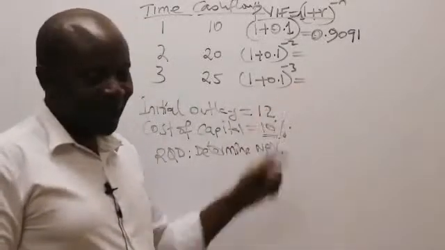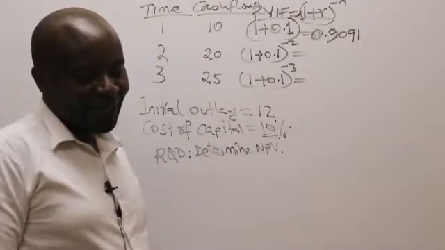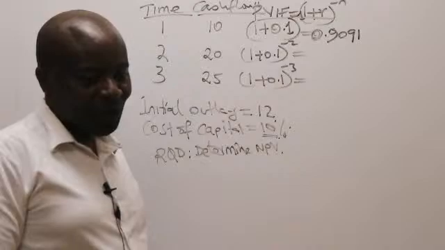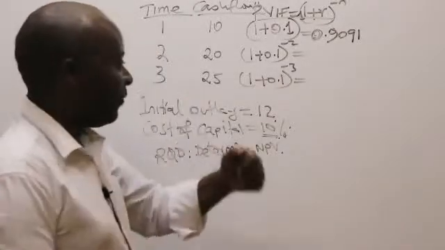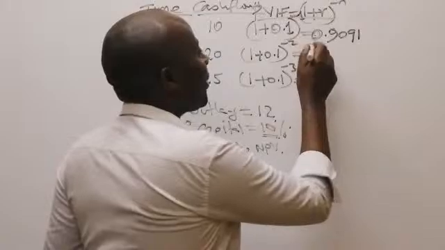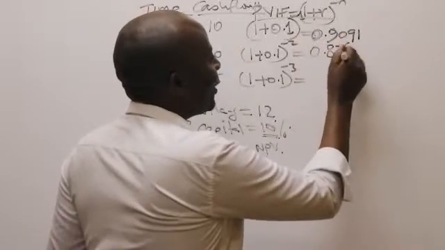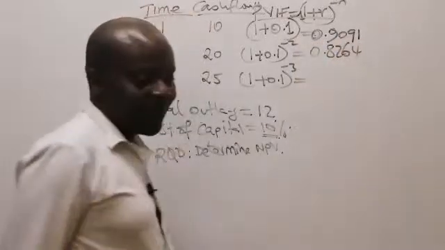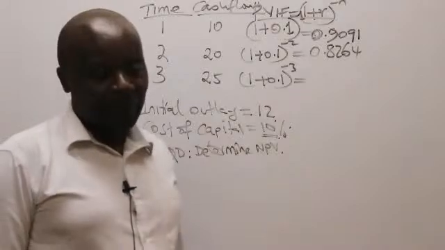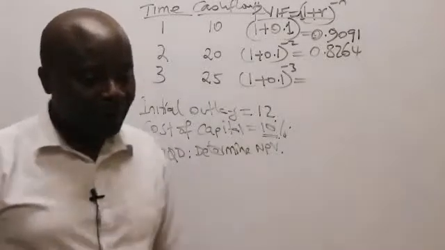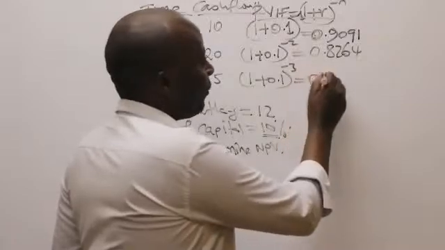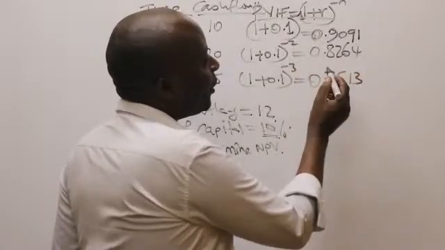How about the second one? 0.8264. The third one, 0.7513. So these are discounting factors.